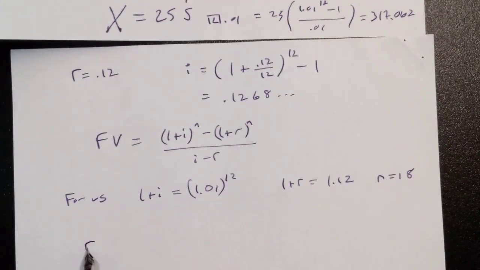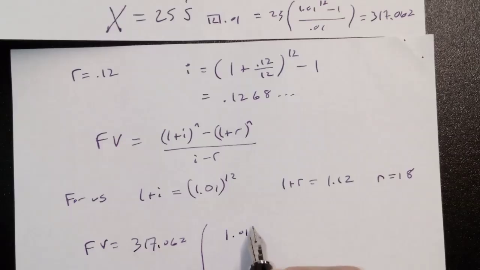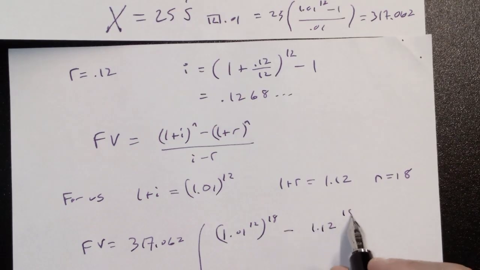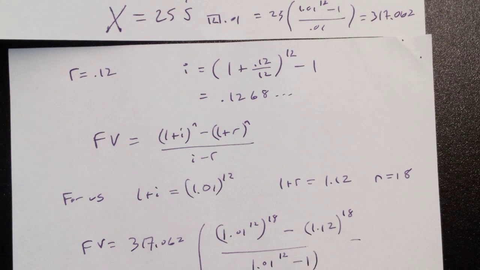So I get my future value is 317.062 times 1.01 to the 12th to the 18th, because that's 1 plus I to the 18th, minus 1.12 to the 18th, over 1.01 to the 12th minus 1 minus 0.12.